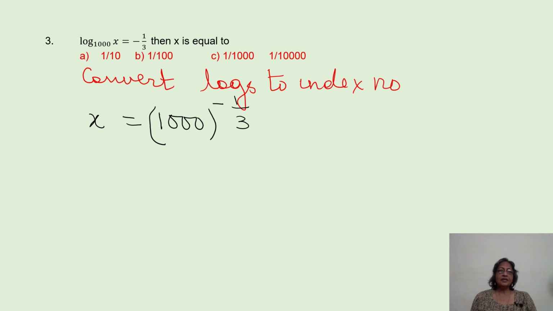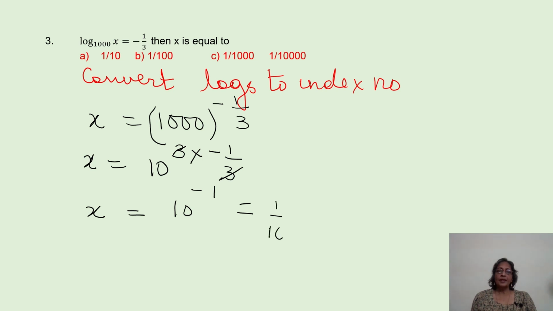We have got rid of the log and we have got a simple linear equation. This I can write as 10 raised to 3 into minus 1 upon 3. This goes. So x is going to be equal to 10 raised to minus 1. In other words, it is going to be equal to 1 upon 10. So our final answer here is the A option.